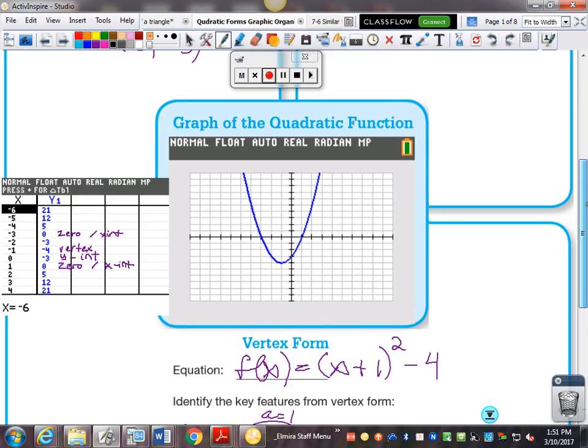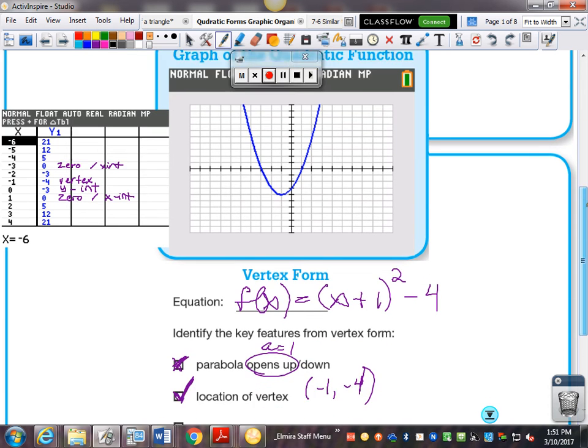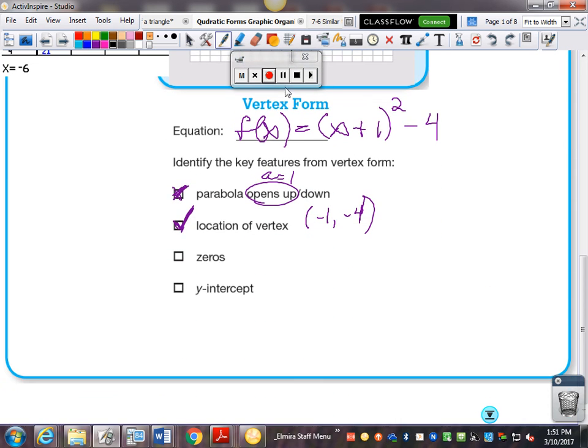Okay, and we glued on the graph and the table. From vertex form, f of x equals (x + 1) squared minus 4. So the parabola opens up, invisible 1.